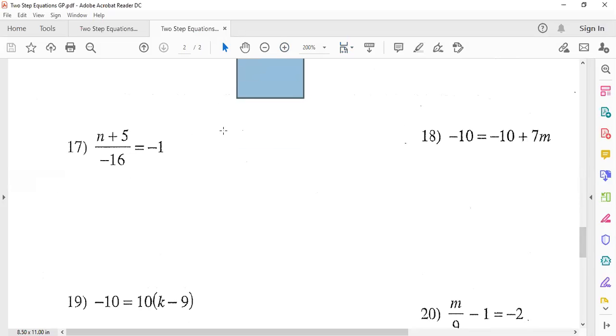We want to get rid of that, our variable is tied up in a complex fraction. So we want to get rid of that first. So this doesn't necessarily involve a multiple, but it just involves multiplying by the denominator. So that's a little bit simpler. If we multiply both sides by -16, our fraction disappears.